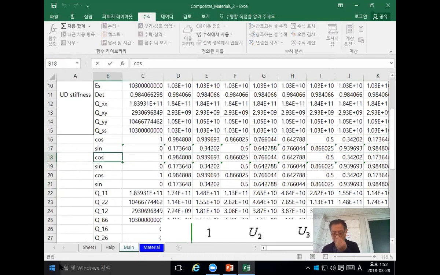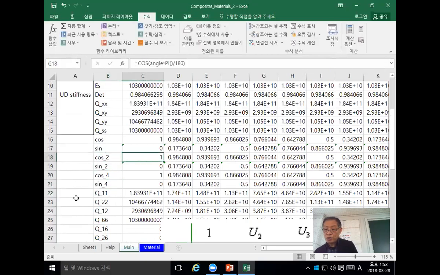So instead of cosine, I would say cosine 2. Let's use underbar. Here, sine 2. This is just a symbol, okay? We can define any variables. And here is the 4.